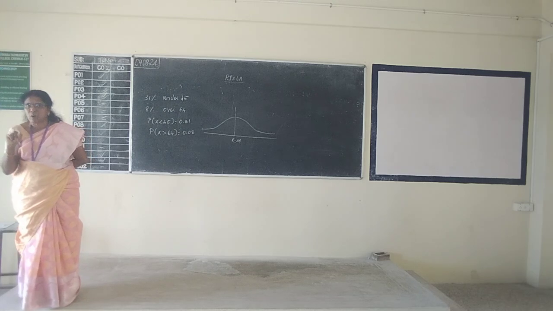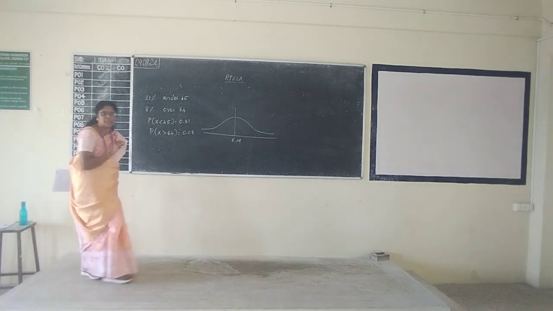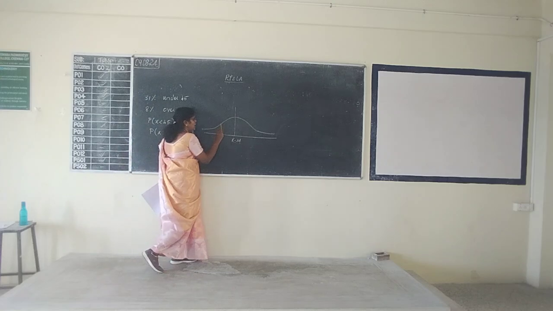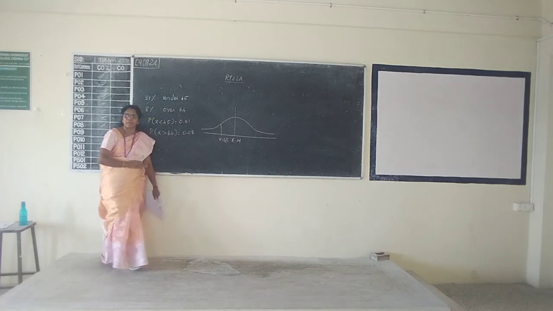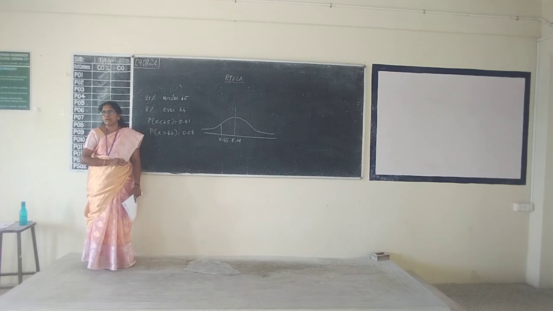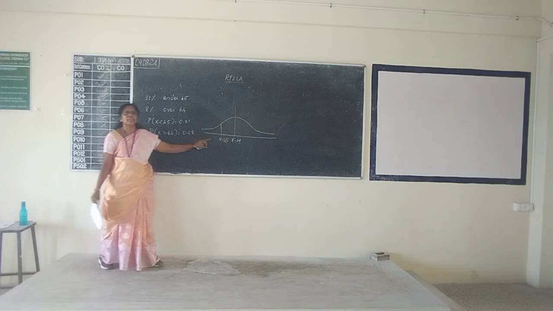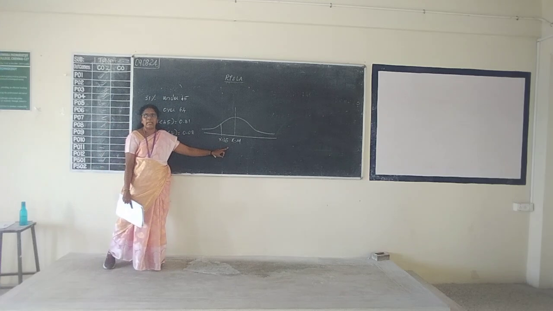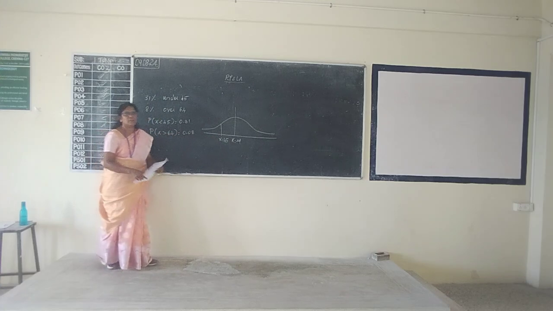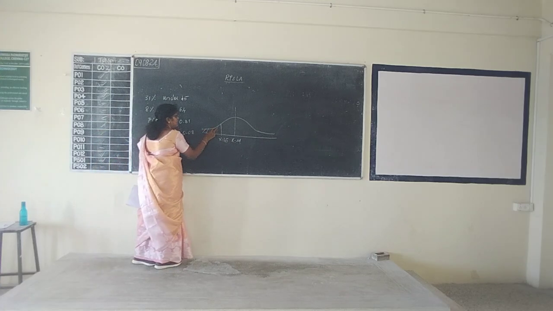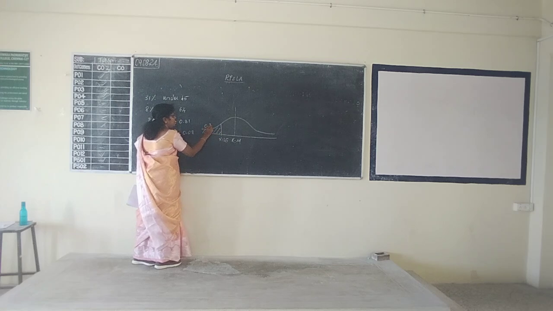Here that concept is working out, so I am going to mark it here. Somewhere here I will mark x equal to 45, because it is less than 45 and 31% is given, so I am marking it on the left side. Less than 45 means this area, and this area value is going to be 0.31.